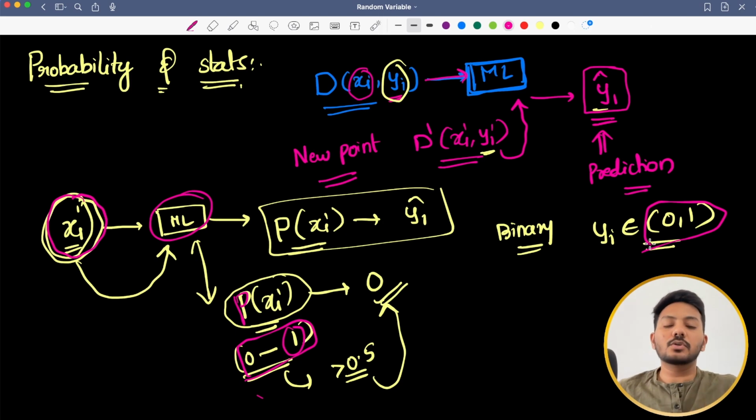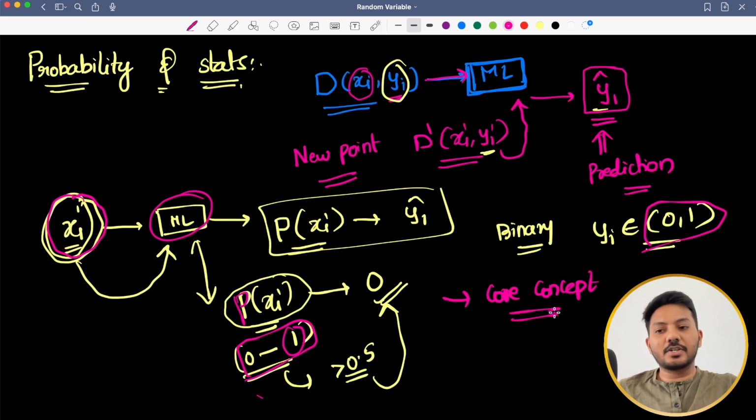It could be class 0, class 1, or if it is a multi-class classification, any other class. So likewise, it will give you the probability. Probability is one of the major concepts that you need to learn to understand how machine learning works. Hopefully that is clear. It is the core concept in machine learning.